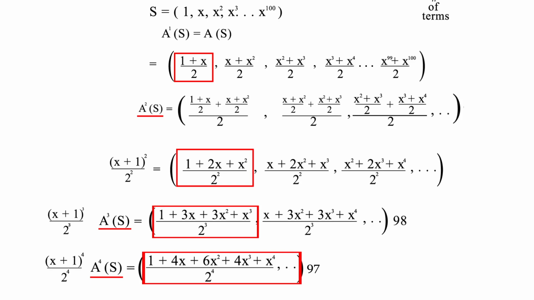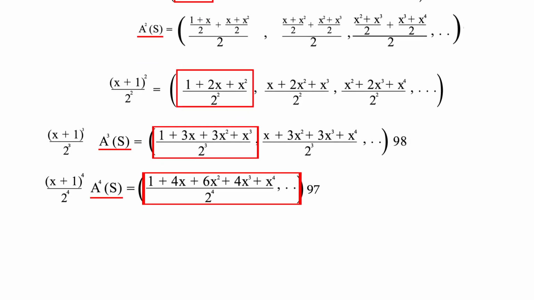Okay, I got the pattern. The pattern, basically, is that ANS will be x plus 1. The first term will be x plus 1 to the n all over 2 to the n.